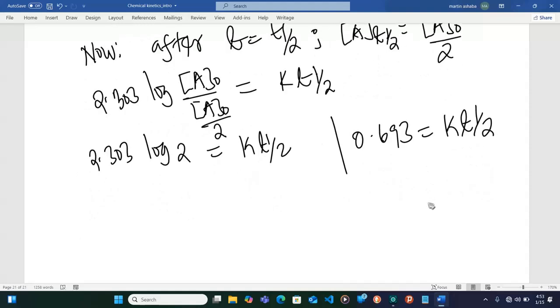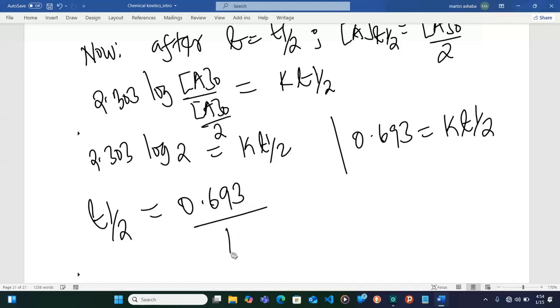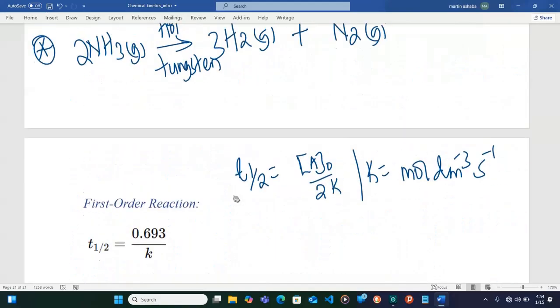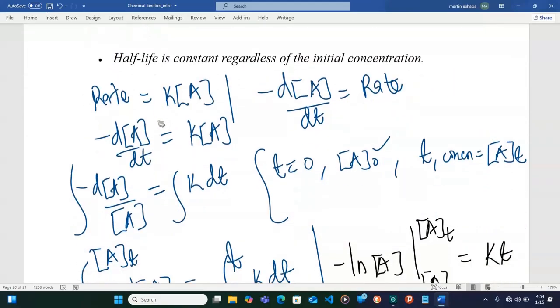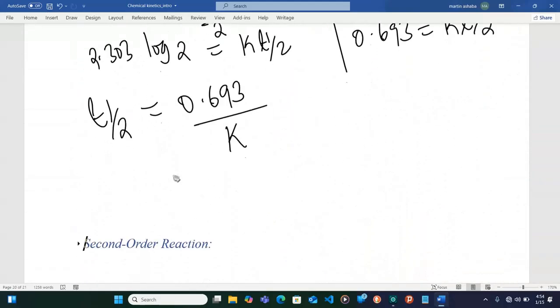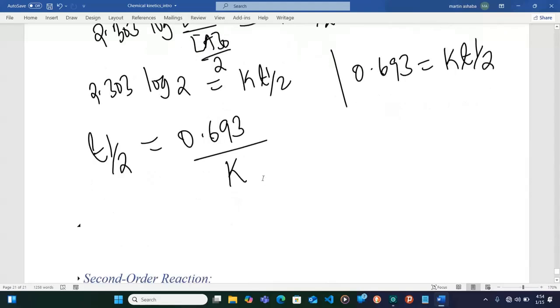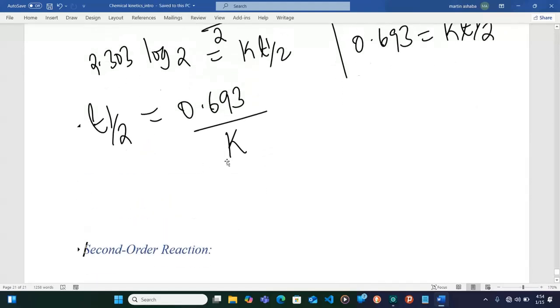So that's why t a half, the half-life for first order reactions, is equal to 0.693 divided by k. So that's where this expression comes from. In the next discussion, we are going to be looking at second order reactions.